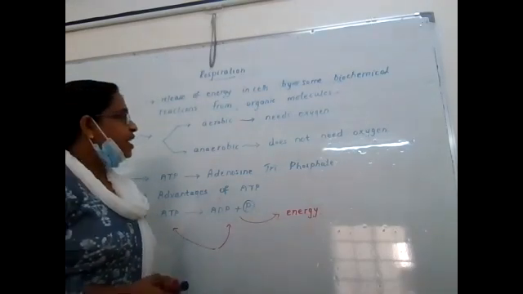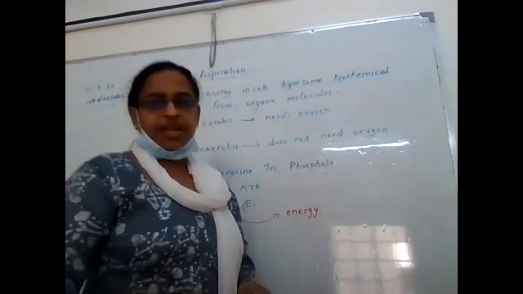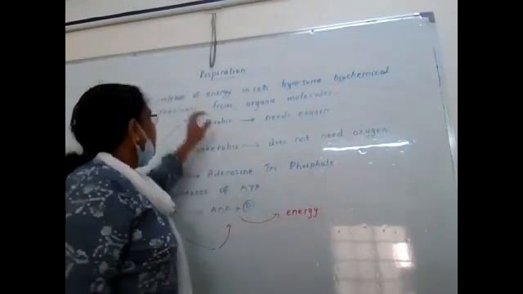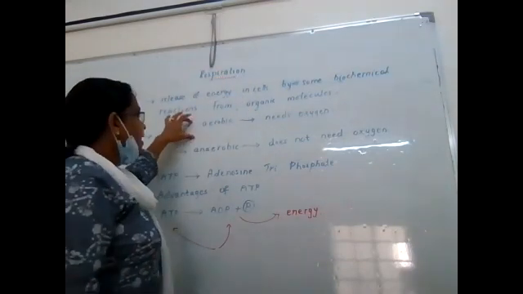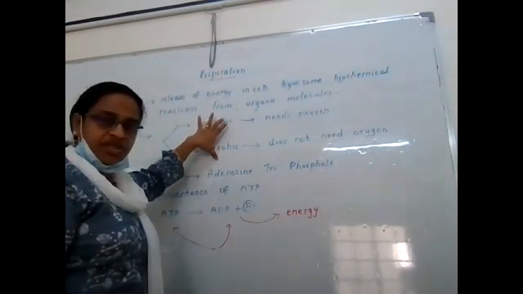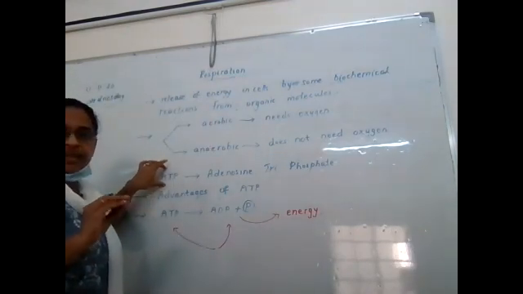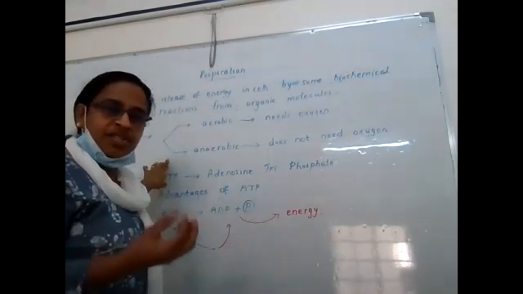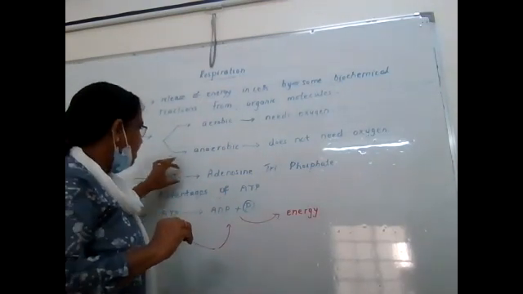Okay, so these are the introductory points that I have given to the students. Hope you got it. What is respiration? And then the two kinds of respiration. Then the energy molecule: as a result of respiration, energy is produced, and it is stored in this energy molecule.